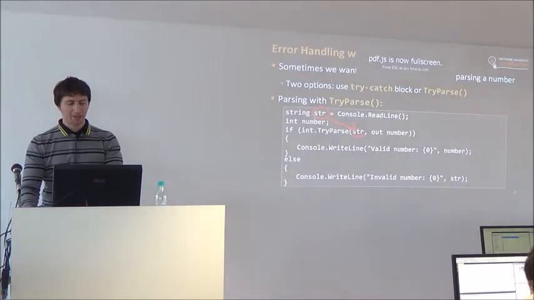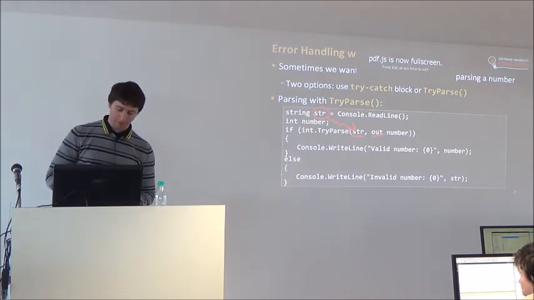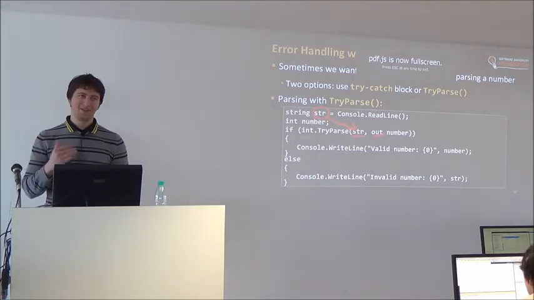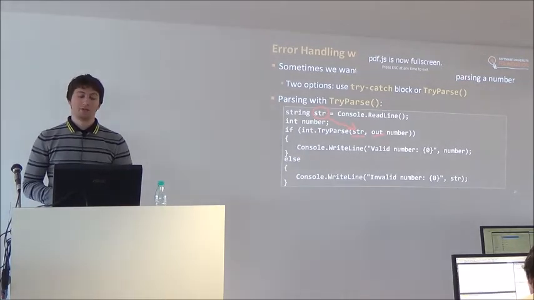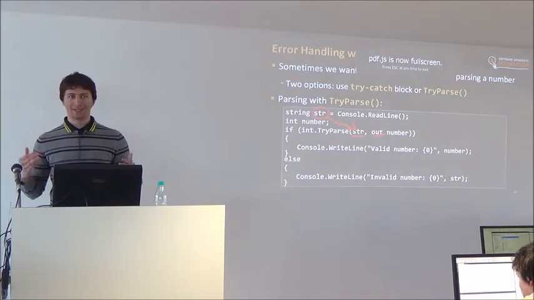And you have this keyword out, which you probably haven't seen yet. Out is a very complex topic actually, because the topic covers reference types, value types, which is kind of advanced. So I will not explain what exactly it means.